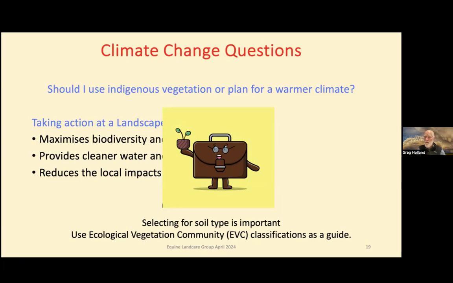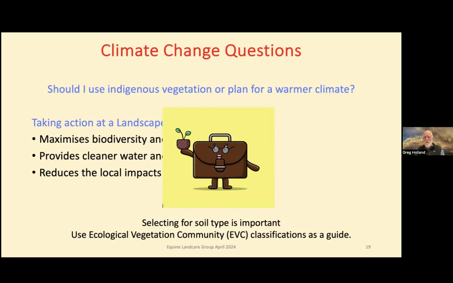When it comes to smaller trees and bushes, they're fairly short lifetime, and they will rapidly adjust to what's happening with climate change. And if you're talking about grasses, then they adjust even more rapidly. So it's not too much of an issue with grasses or anything else. You can buy them from anywhere. But if you're going to be putting in tall trees and things like that, I recommend you stick with what you've got locally.